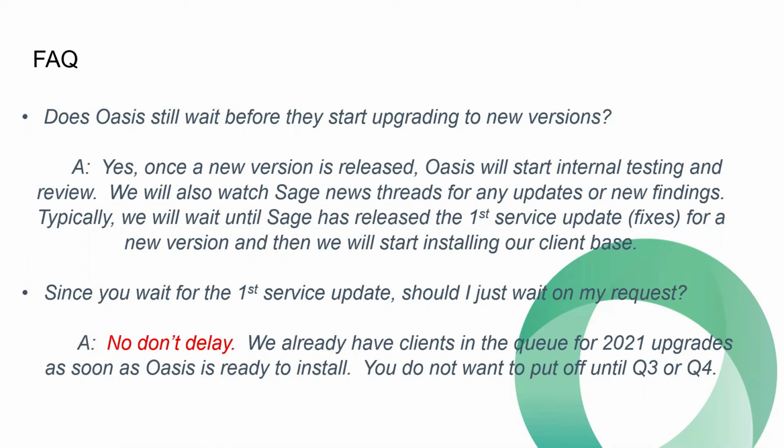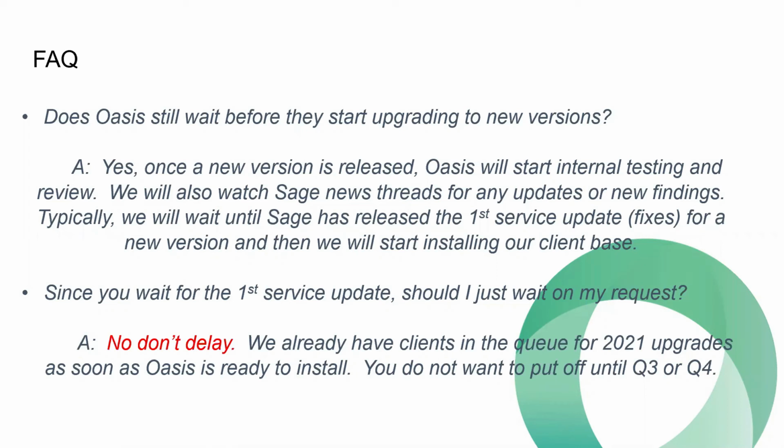We do a lot of testing to make sure that we don't find any issues in the software. And we also watch Sage news threads for any updates or any new findings. Historically, we usually wait until Sage has released the first service update, which includes some fixes and patches, before we start installing the new version.